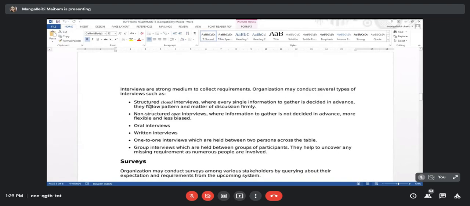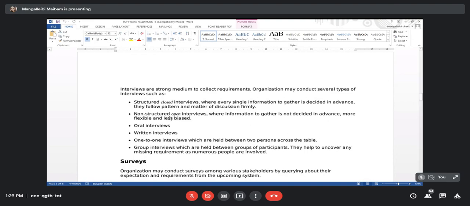So structured or closed interview is nothing but every piece of information you are going to gather is already decided in advance by a team of experts. So only this type of requirements you have to select.